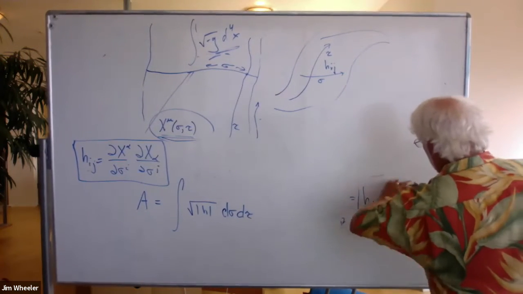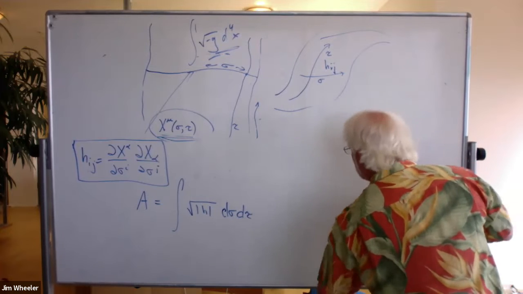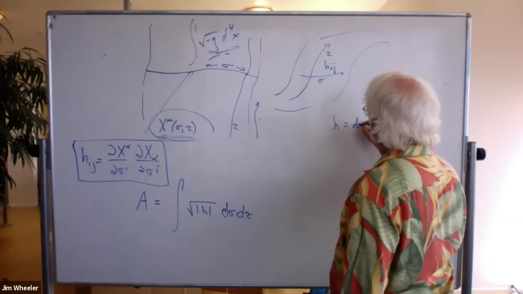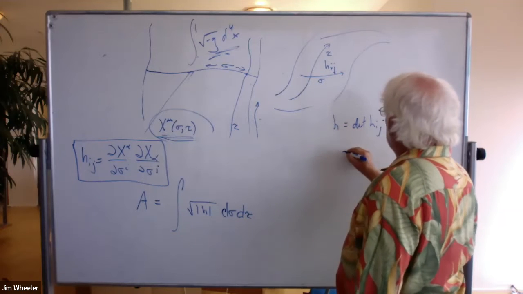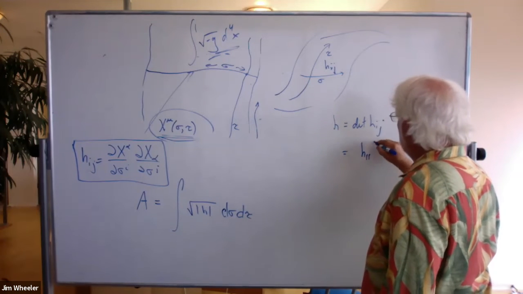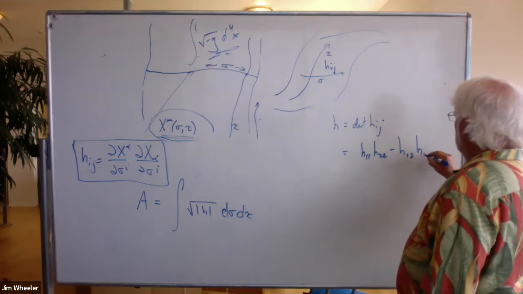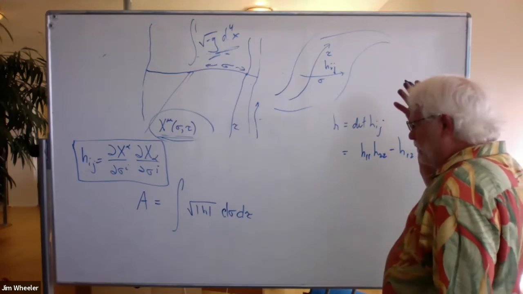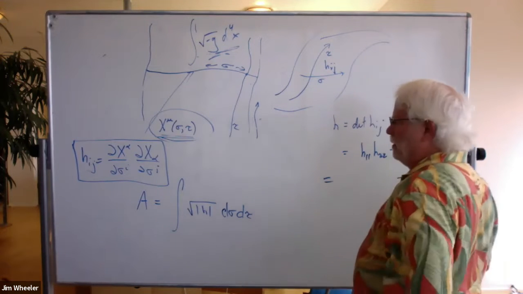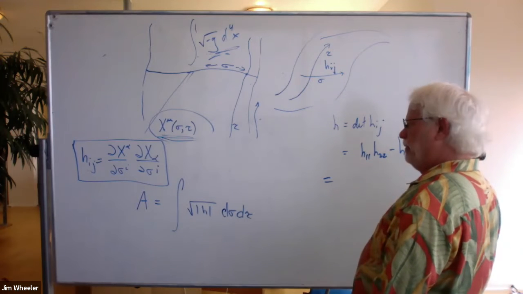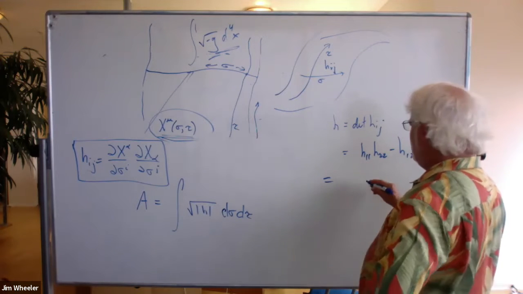And we're only in 2 dimensions, so we can be explicit. The determinant of h_ij is just h11 h22 minus h12 h21. And we know what those are. If we let, which way do we want to do it? Let's let sigma 1 be tau.